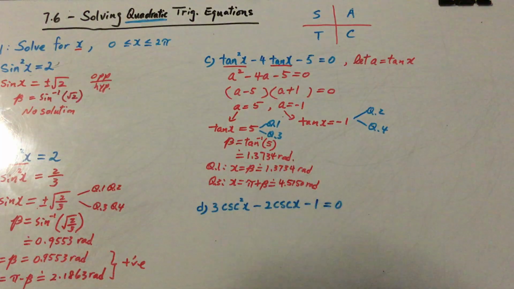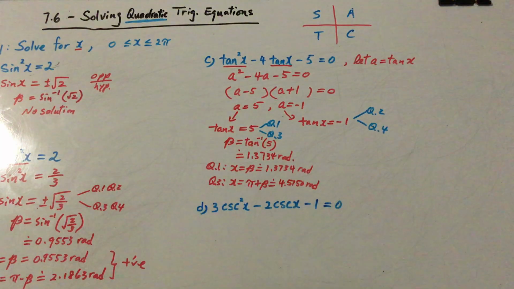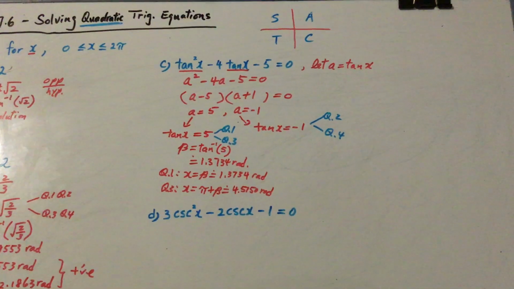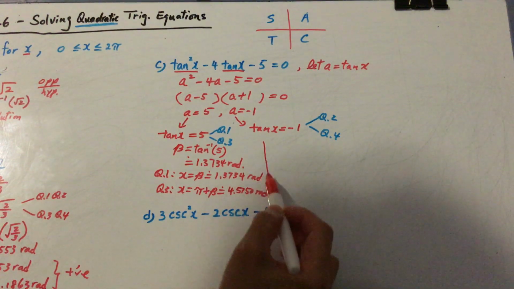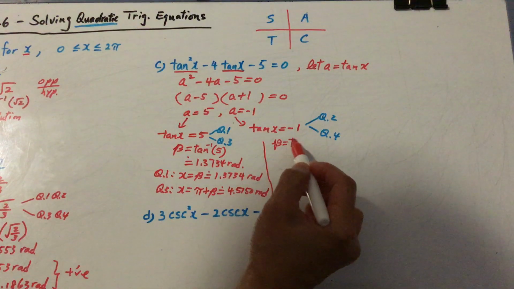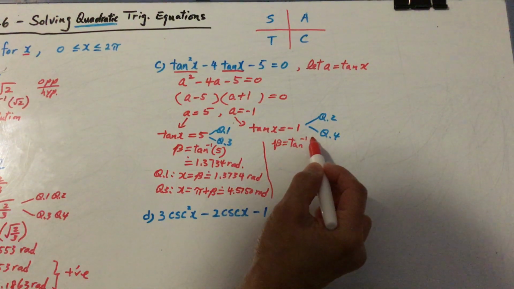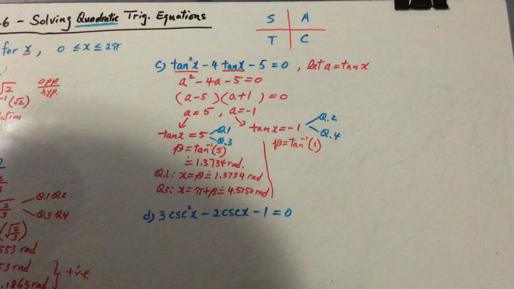Okay? Now, for the tangent of x equal to -1, we're going to calculate first the related acute angle again by taking the inverse tangent of 1 and not -1.